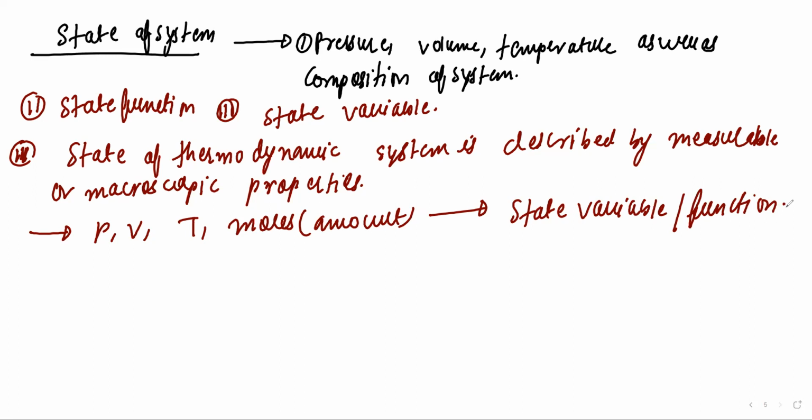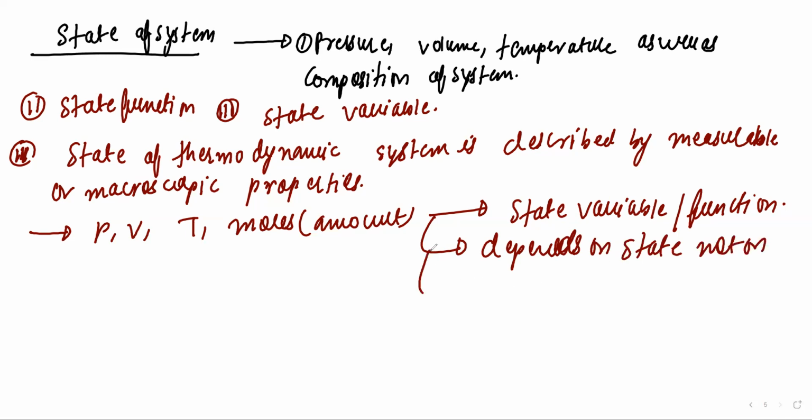Because their value depends only on the state of the system, not on how it is reached. So why is it called a state function? It depends on the state only, not on how it is taken out, not on the path it follows.